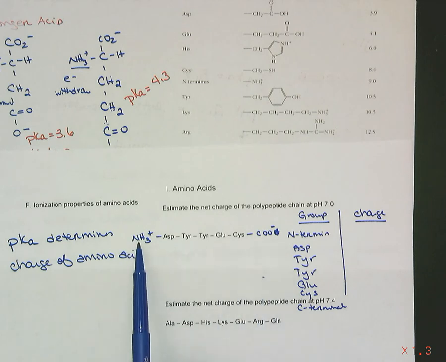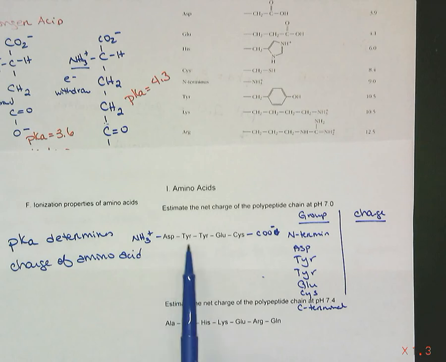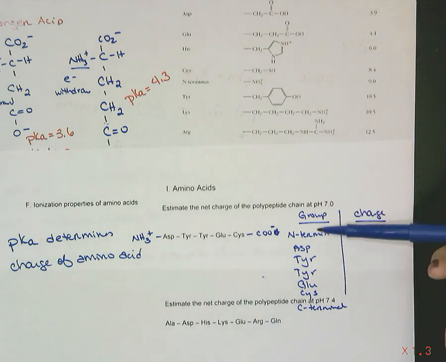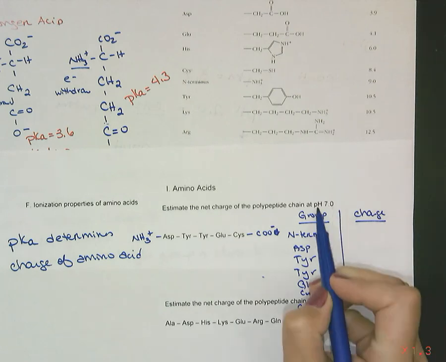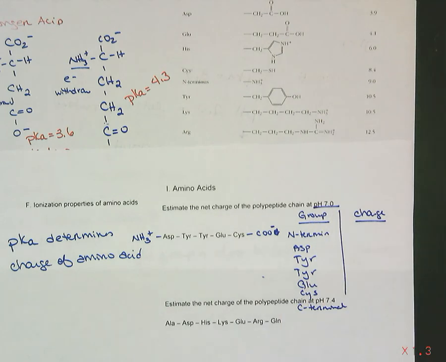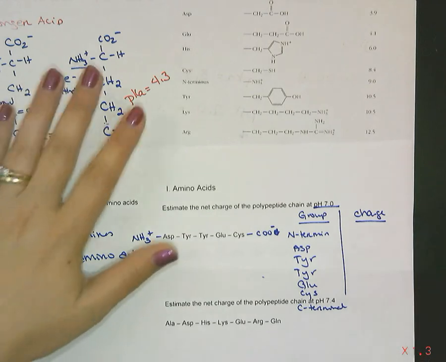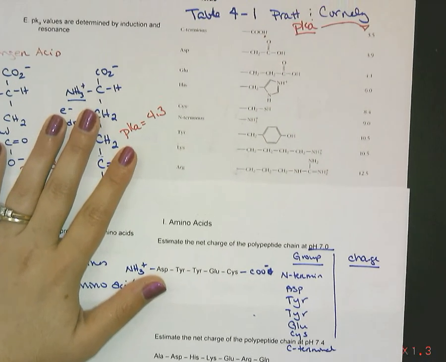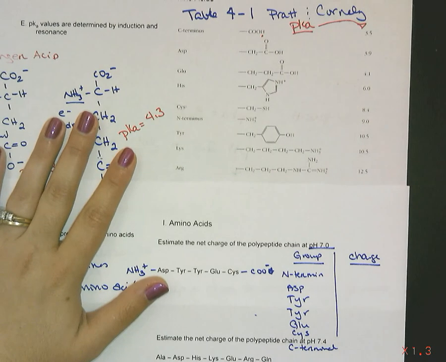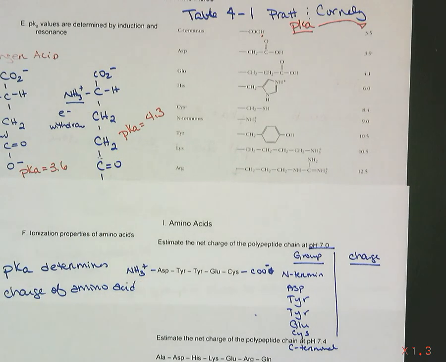I have an N-terminal, aspartate, tyrosine, glutamate, cysteine, my carboxylic acid end. So I write all those down in my groups. So then I am now at pH 7. So I want to go back to table 4.1 from your textbook and look at each one of these and figure out if it's going to be protonated or deprotonated.